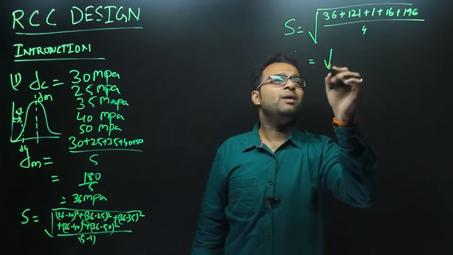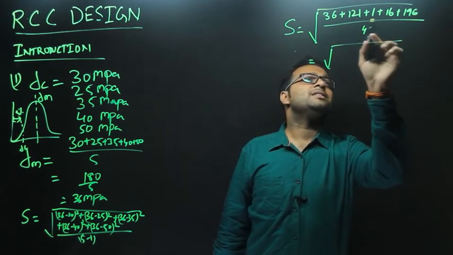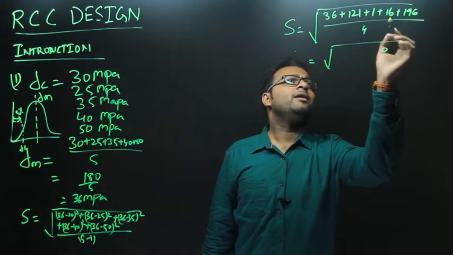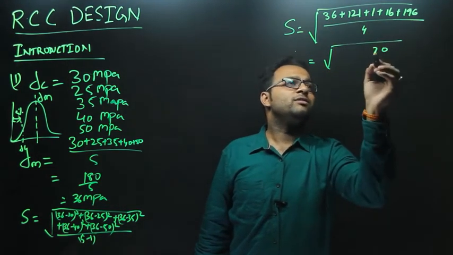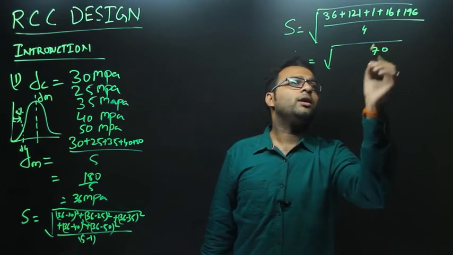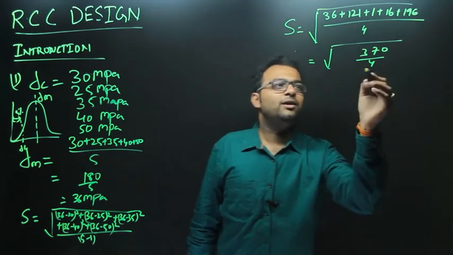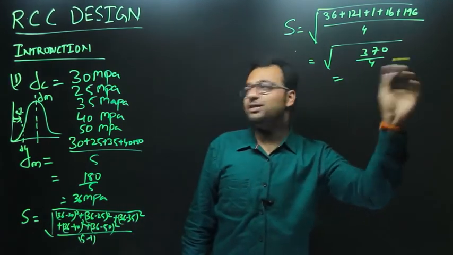Adding these gives 370 by 4. Yeah, it is coming out to be something random. Let's not calculate this here. This will come out to be some number.